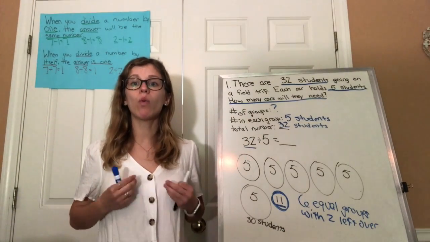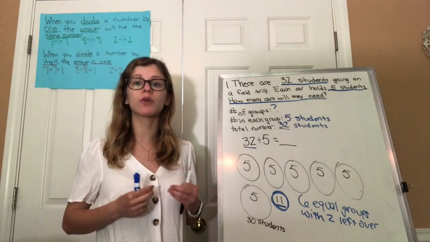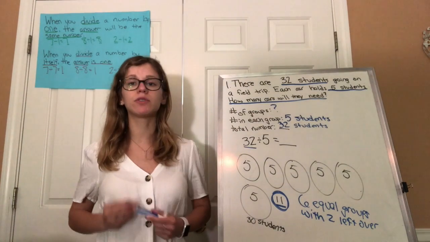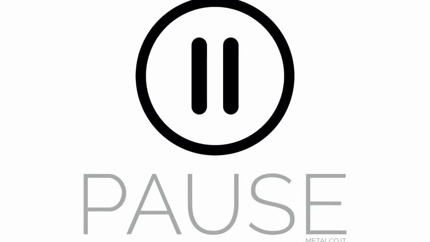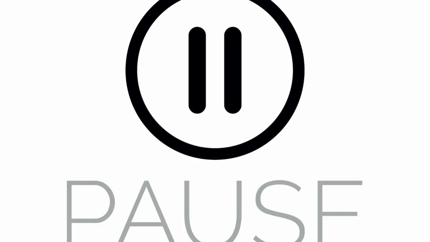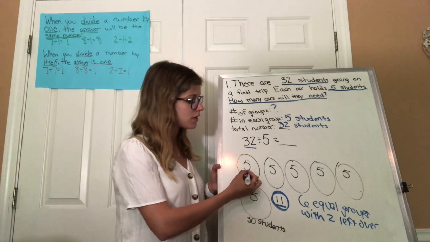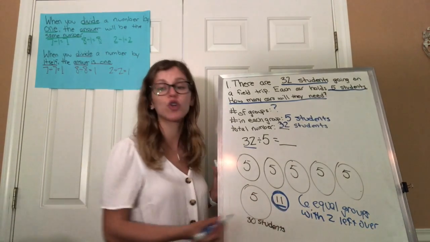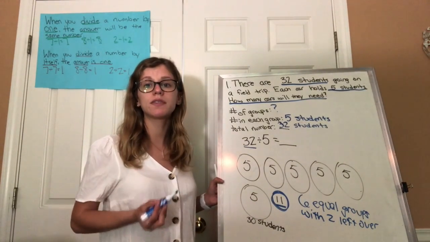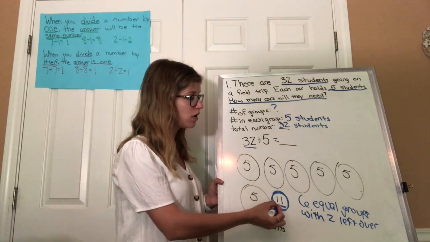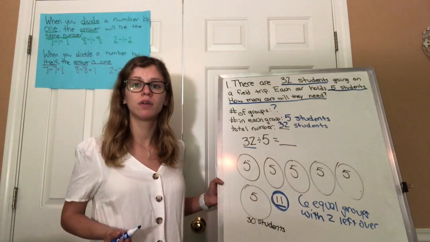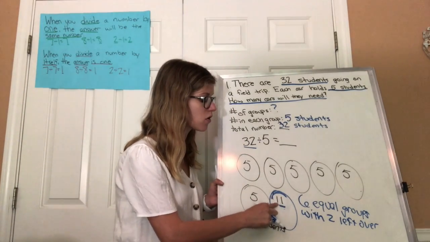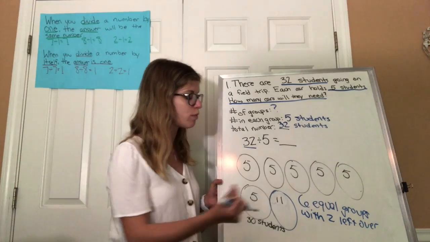Pause me and think about what that means. How many groups or how many cars am I going to need in order to make sure all 32 students are able to go on this field trip? So I see that there's 6 cars that are filled, but I can't just leave these 2 people out. So if I have 6 cars, but with 2 people that still want to go on the field trip, I'm going to make another car, another group, but it just won't be a filled car.